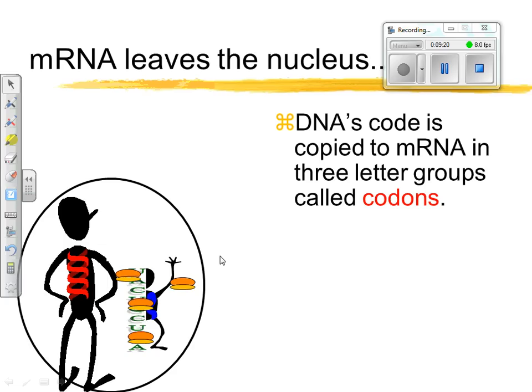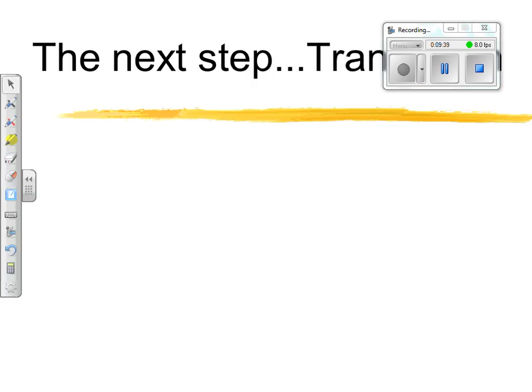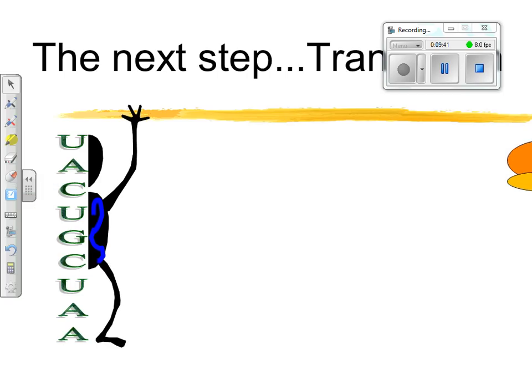Okay, now let's talk about messenger RNA and this code that he's taking out to the ribosomes. Okay, the DNA's code is copied to messenger RNA in 3-letter groups, or 3 base groups, and these groups are called codons. So the next step, we're done with transcription.